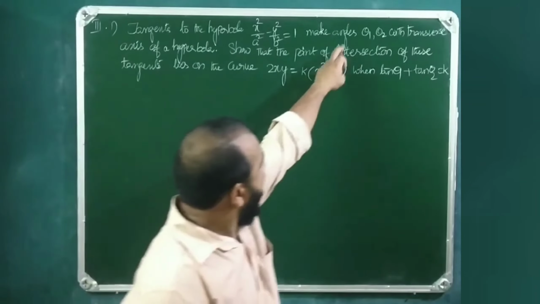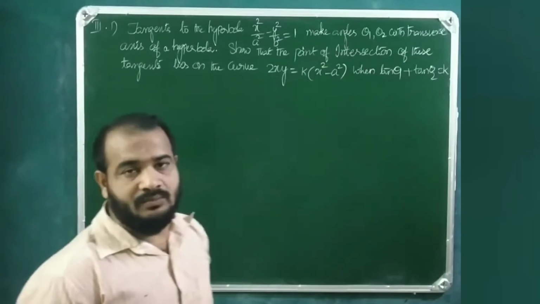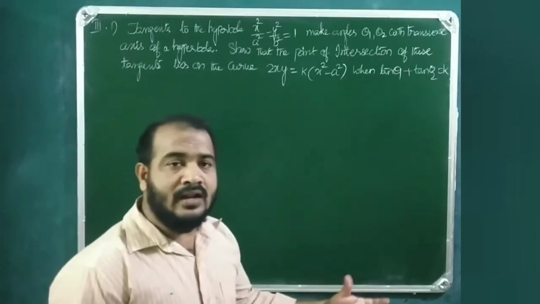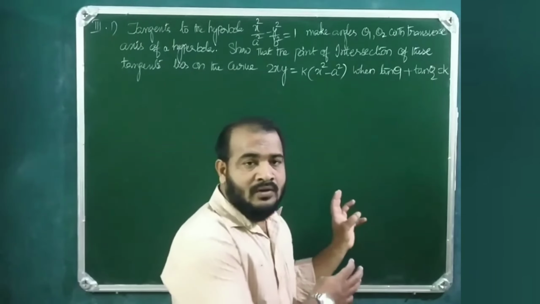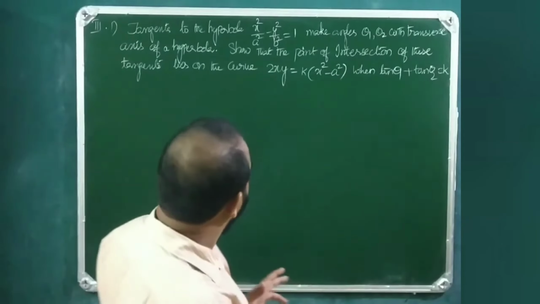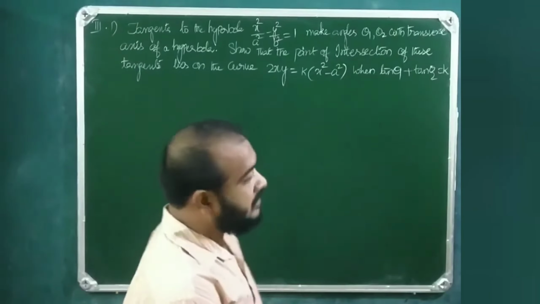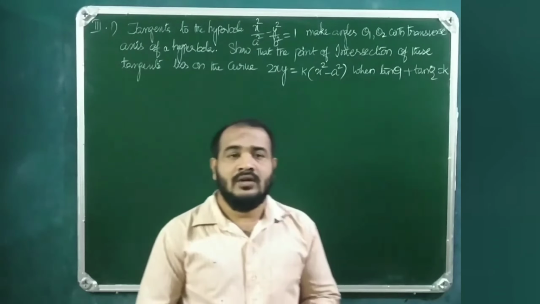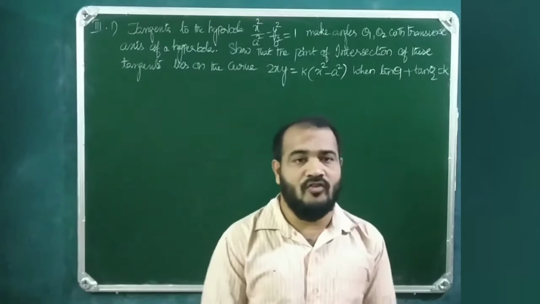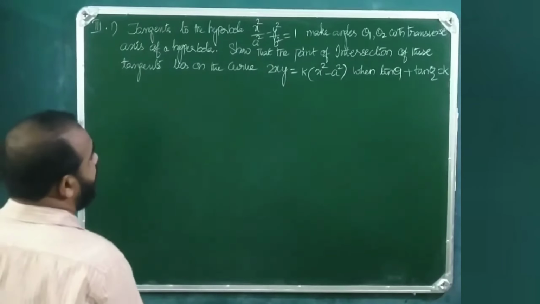So whenever angles are mentioned in the question, or a line is given and the parallel or perpendicular concept is mentioned, the thing that should spring to our mind is to take the equation of the tangent in its slope form. So let us take that.